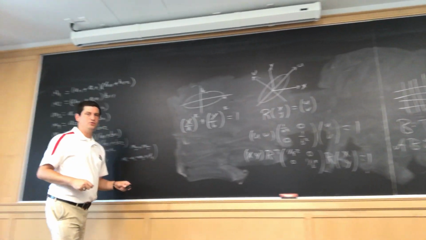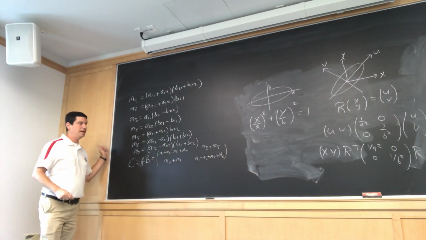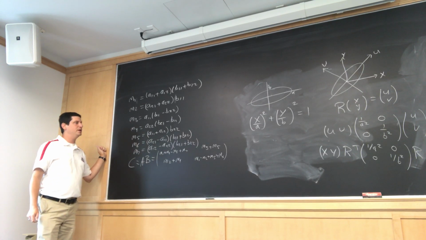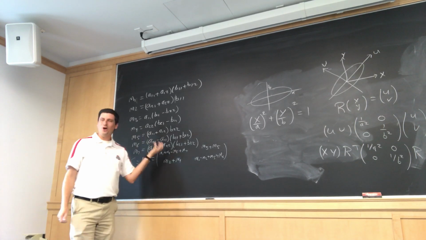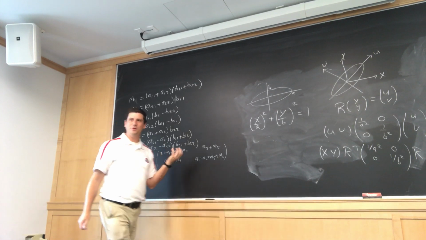Let's go back now to the statement over here. This is a claim that this is going to be equivalent to A times B. Now, if you look at this, this is a lot more complicated at first inspection than just doing straightforward matrix multiplication.